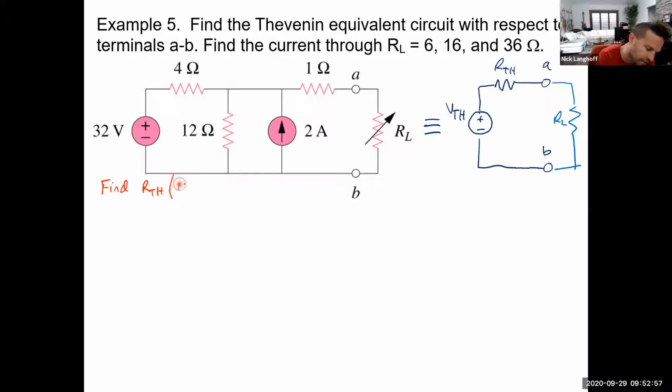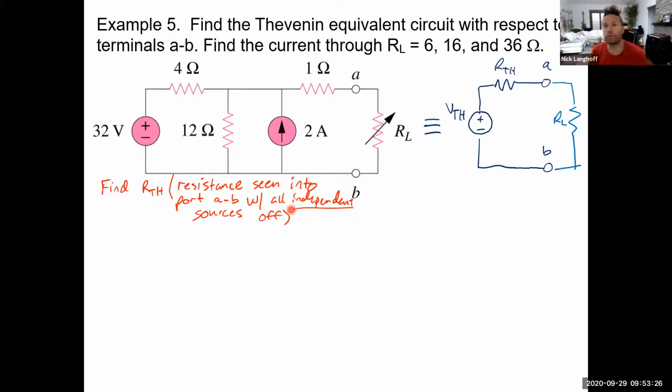So finding R Thevenin, this is the resistance seen into the port AB with all of the independent sources turned off.